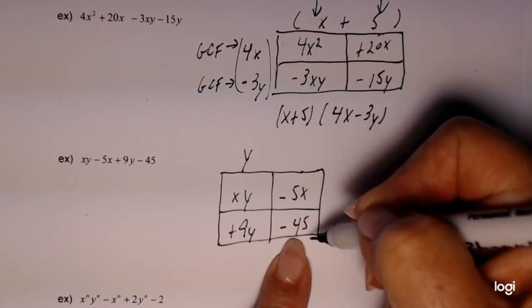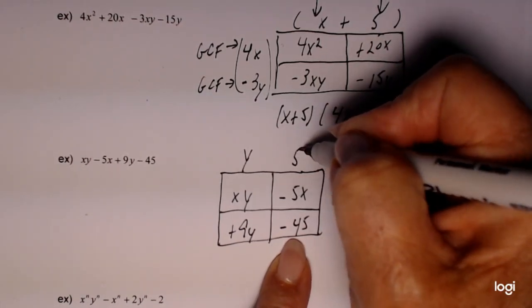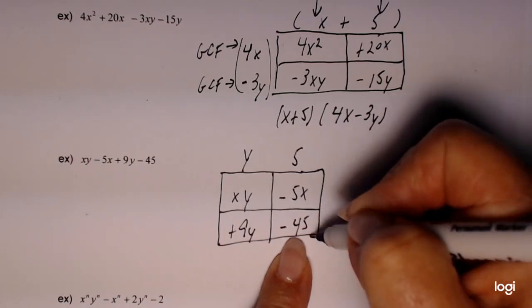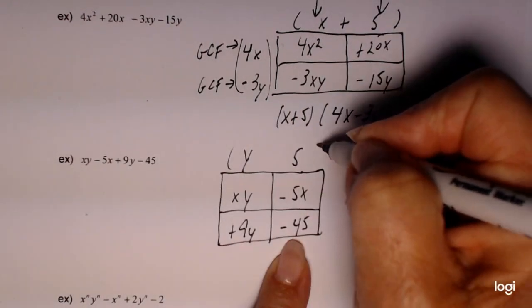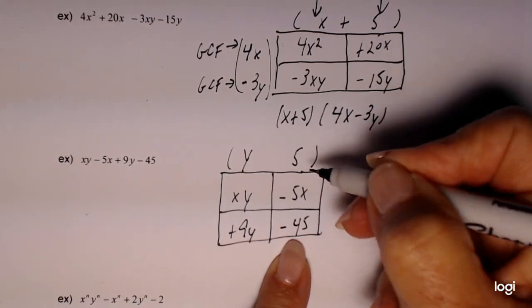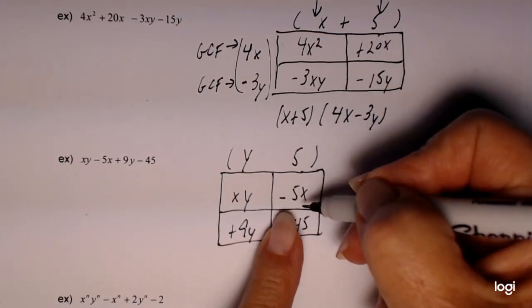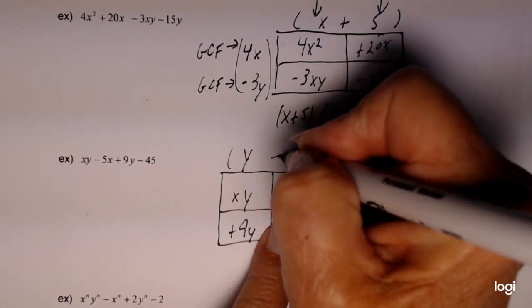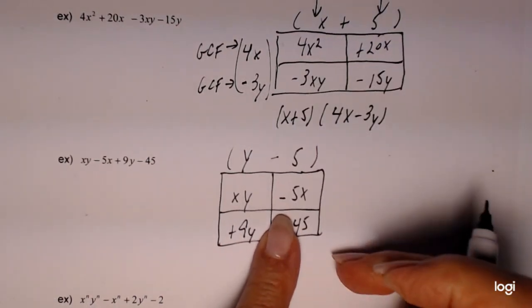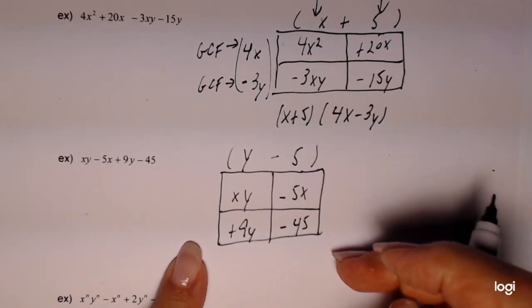Between the 5 and the 45, it's 5. This has an x, this doesn't have an x, so we can't use the x, it's just going to be the 5. There is our factor. 5 is sitting on top of the box where this is a negative 5, so this will be negative. And there's our first factor completed.